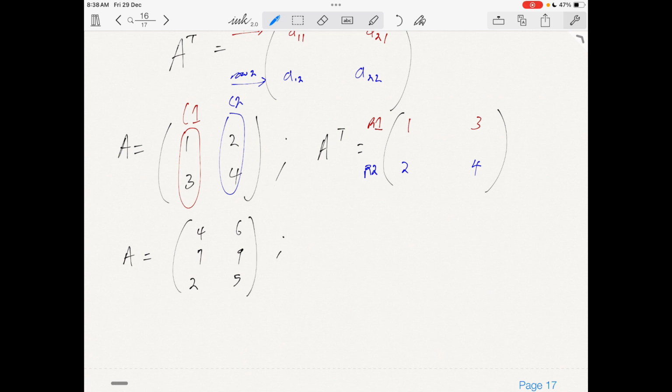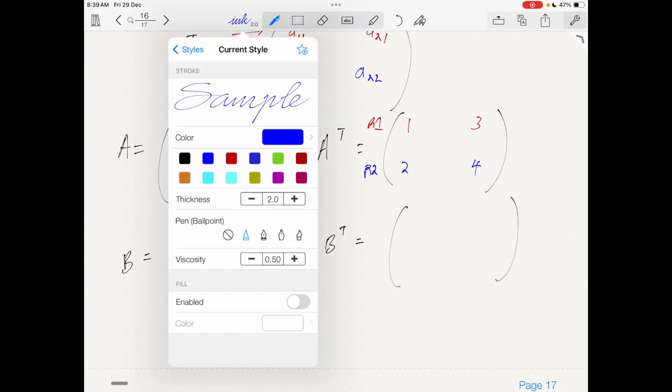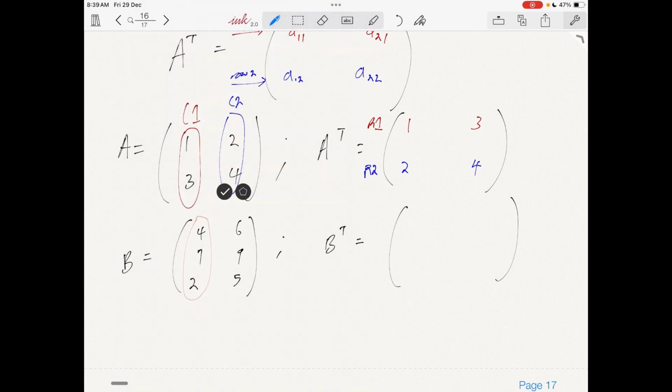Let's call this B. So B transpose will be equal to: we take the first column, and it becomes the first row, which gives us 4, 7, 2.